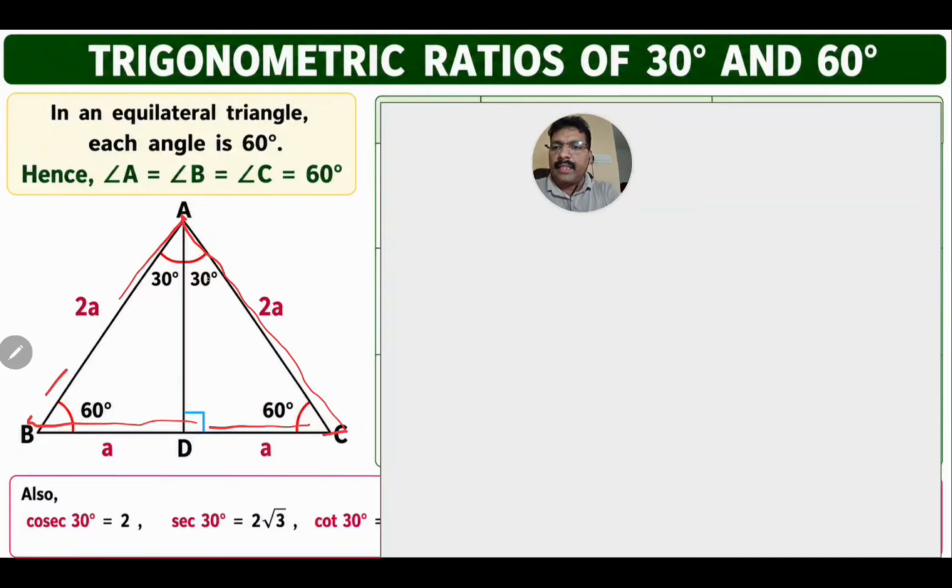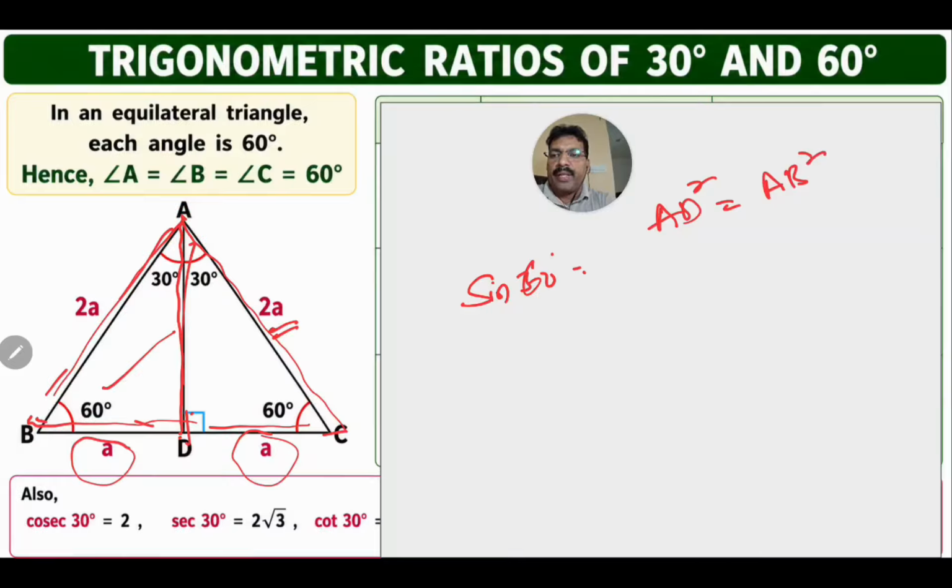Sin 60 degrees, if you take sin 60 degrees, for 60 degrees the opposite side is AD. So how to find AD value? From the right angle triangle, Pythagoras theorem, hypotenuse square is equal to side square plus side square. So now AD square we can find. AD square is equal to AB square minus BD square, where AB is the hypotenuse.